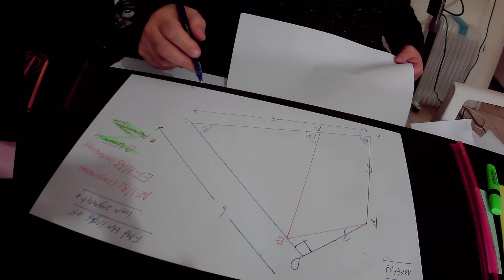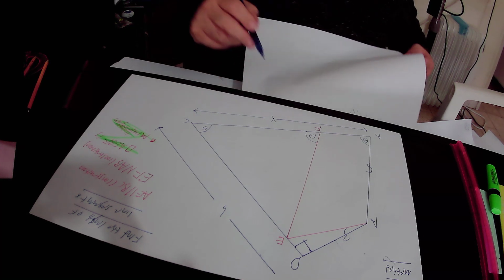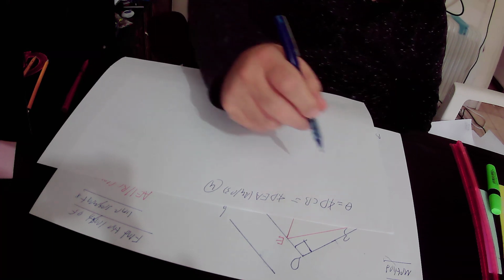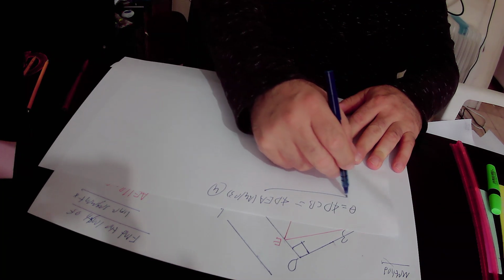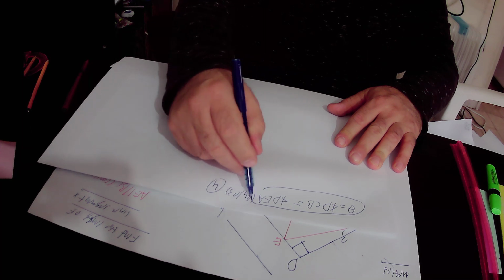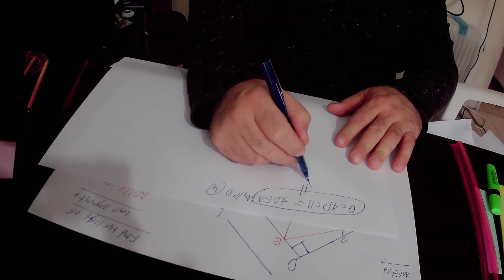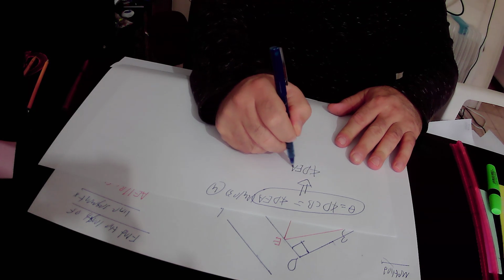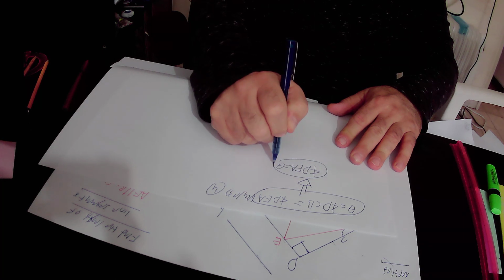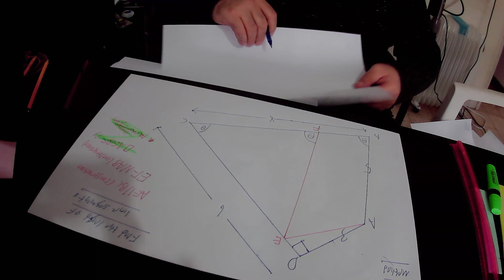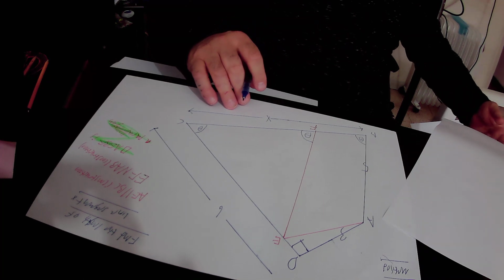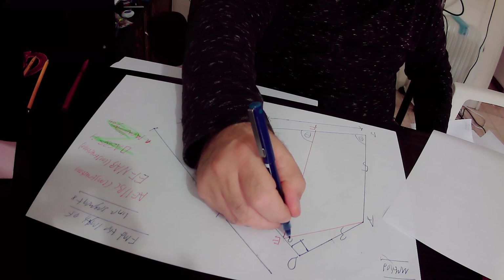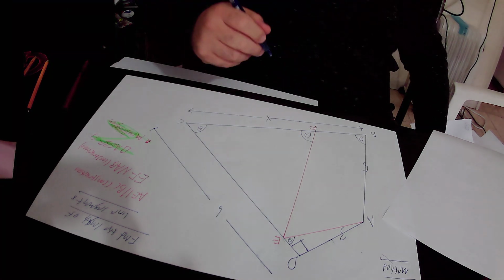But according to what is given in the question, angle DCB equals theta. So we can write here that angle DCB equals theta. And from this equation, theta equals angle DCB equals angle DEA, we will derive that angle DEA is also equal to theta. Here, this angle, angle DEA equals theta. Okay?